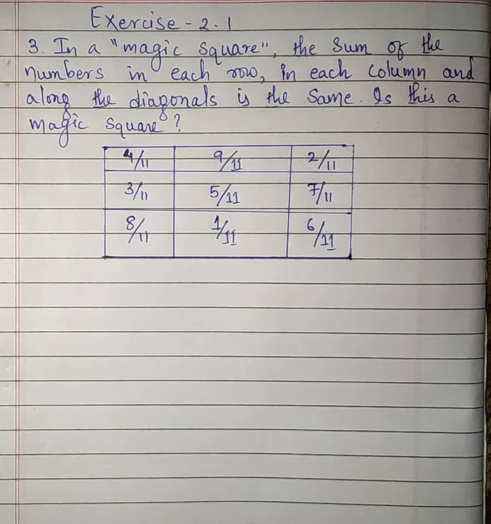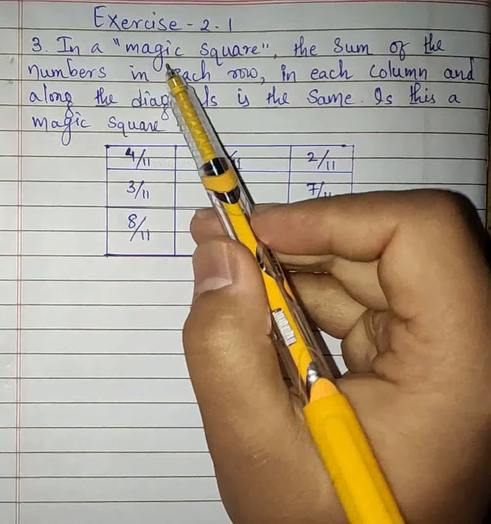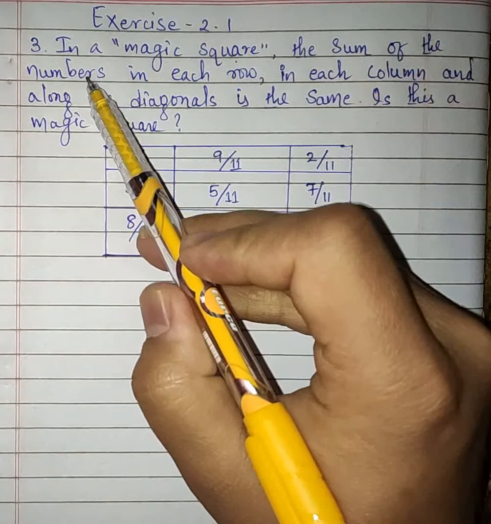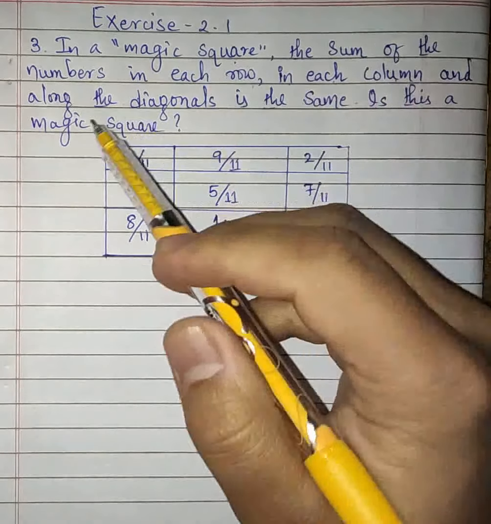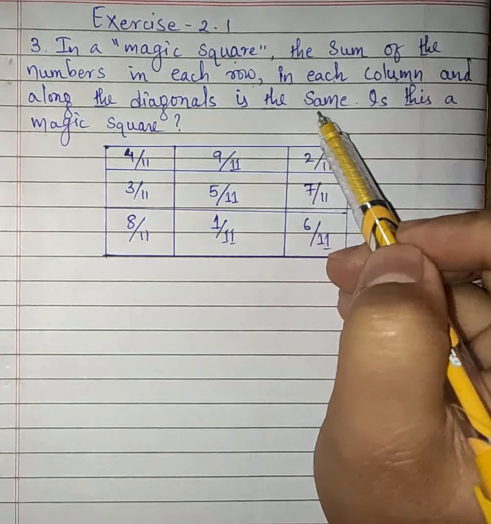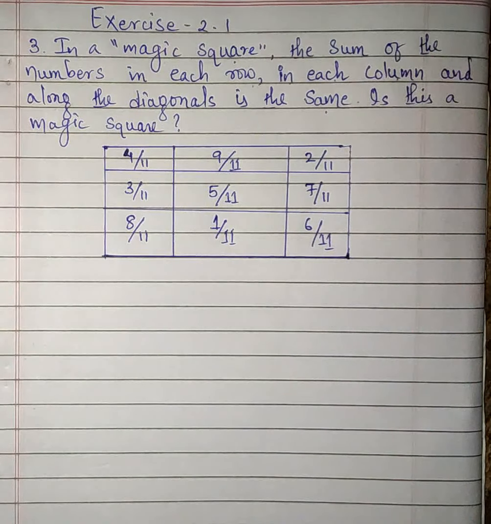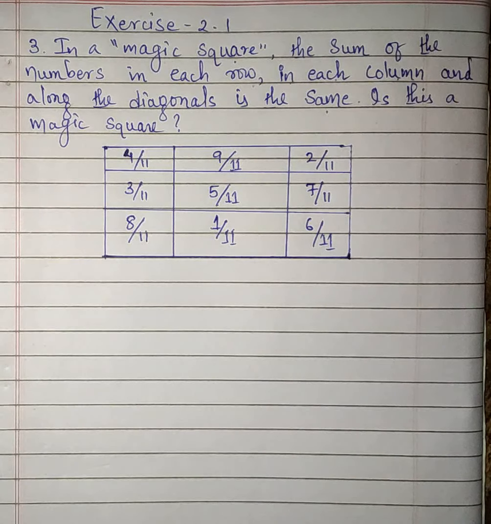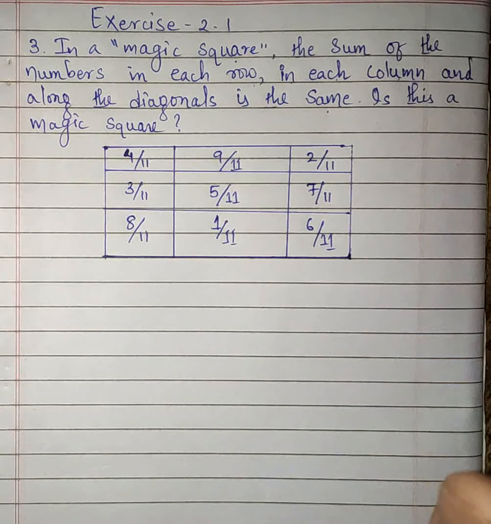So here is our question number 3. The question states that in a magic square, the sum of the numbers in each row, in each column, and along the diagonal is the same. Is this a magic square? You have to consider each row, each column, and each diagonal to consider this square a magic square box.